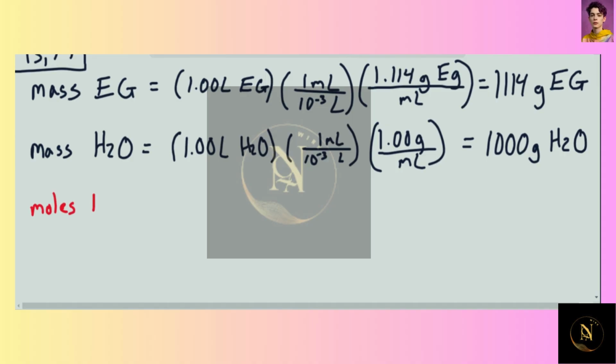So moles of ethylene glycol is equal to the mass, which we calculated, divided by the molar mass, which is 62.07. I read that from the problem incorrectly at first. And so that gives a value of 17.947 moles.